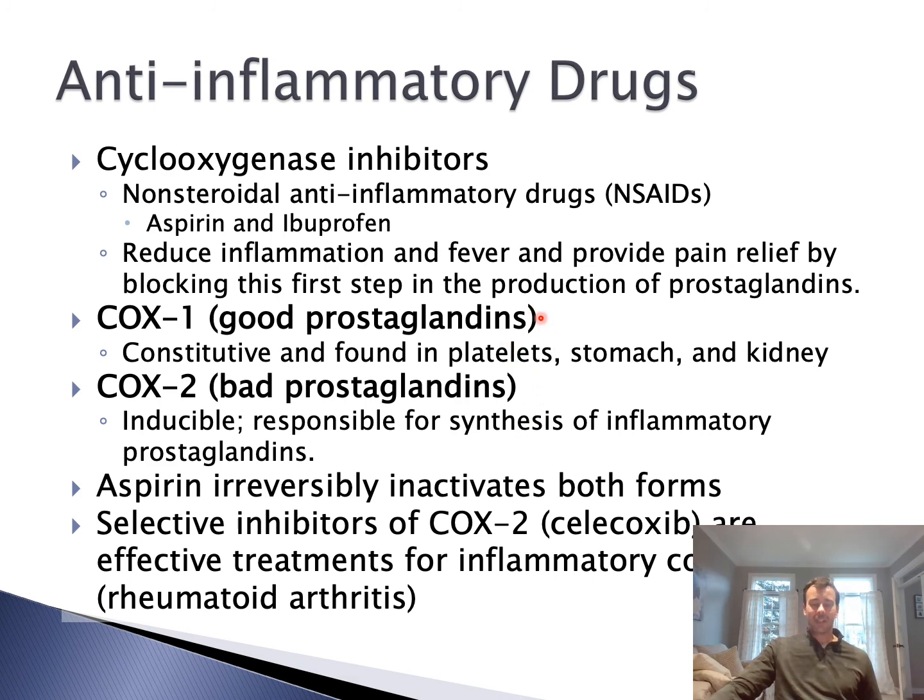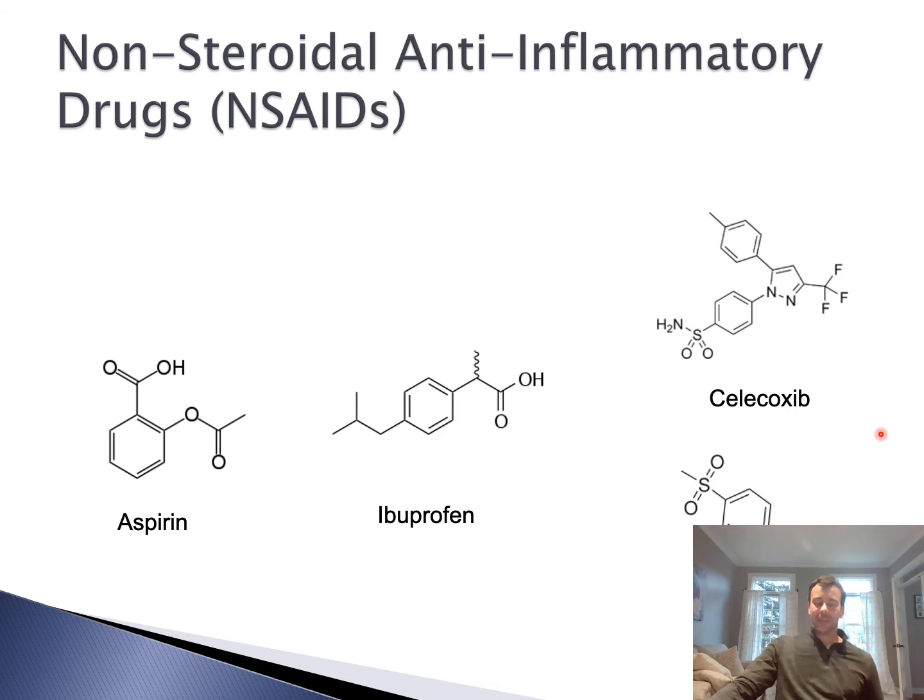People sometimes dub COX-1 as producing good prostaglandins and COX-2 as producing bad prostaglandins because they are responsible for the synthesis of prostaglandins that induce inflammatory response. Aspirin irreversibly inactivates both of these forms. There are selective inhibitors of COX-2 that are treatment for rheumatoid arthritis, for example. Here are chemical structures of some of these. Again, not terribly important, but I just want to give you a flavor of what those look like.